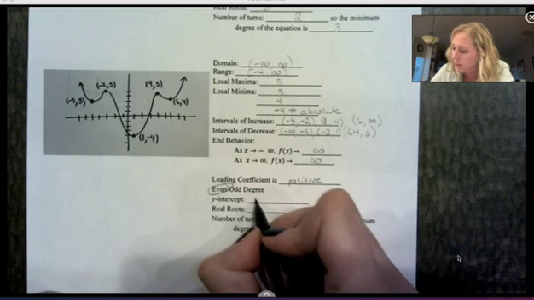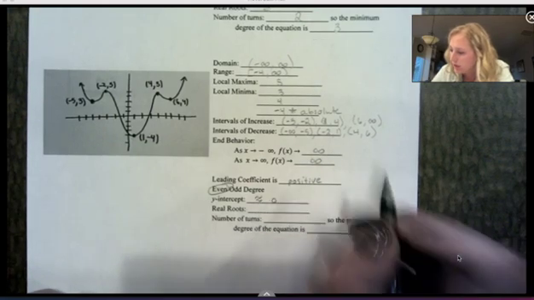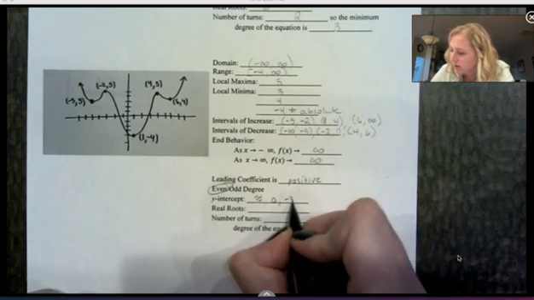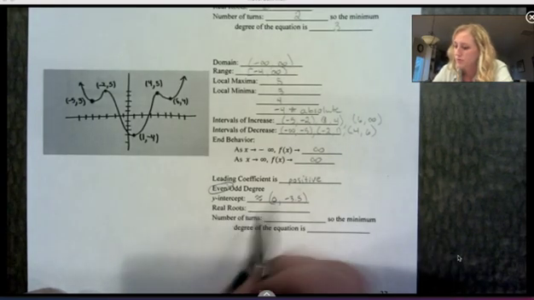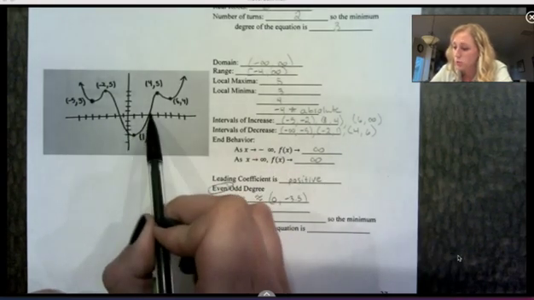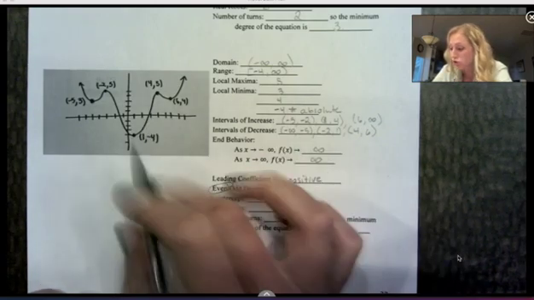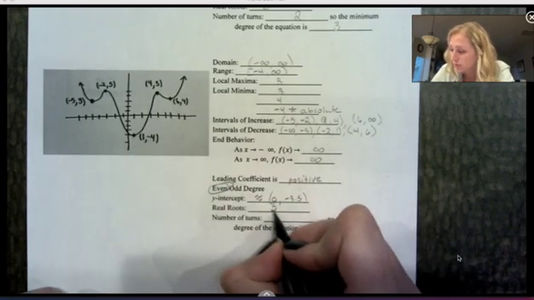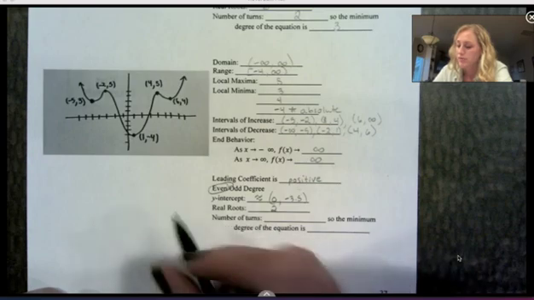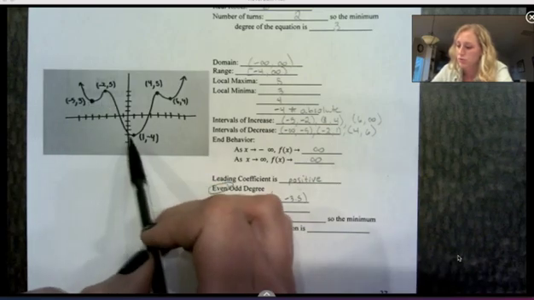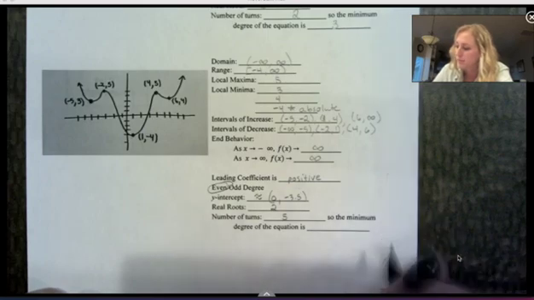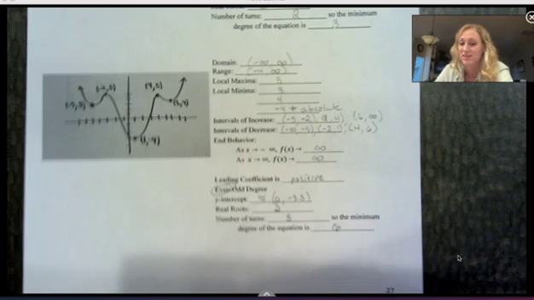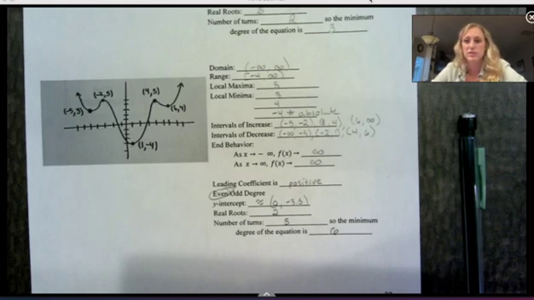I'm just going to say approximately, what, -3.5? Okay, real roots, I see it crossing twice, and it's going straight through, so I only see 2 real roots. The number of turns, there's 1, 2, 3, 4, 5 turns. So the minimum degree the equation could be is a 6th degree. All right, that is it for 6-7 day 2.